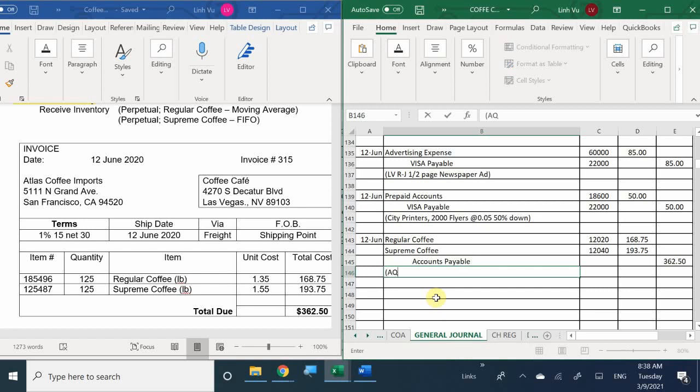This is Atlas Coffee Imports, comma, invoice number 315. And my terms are 1%, 15, net 30.